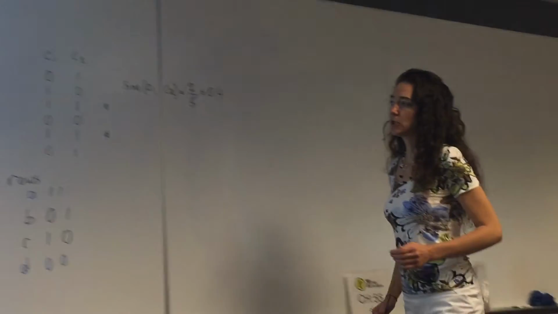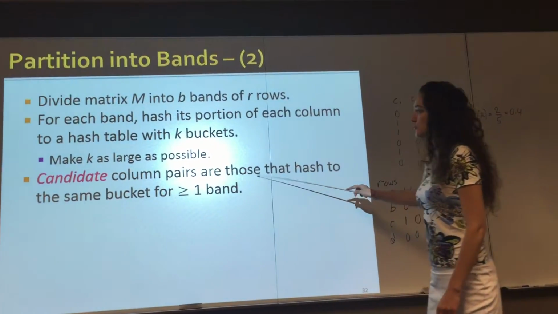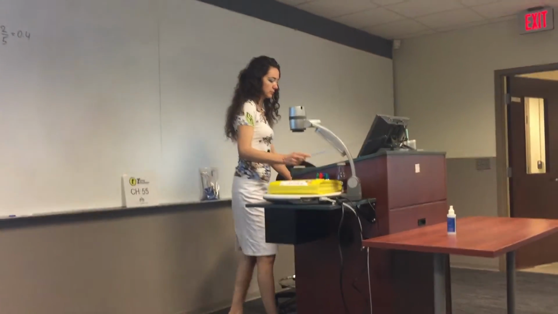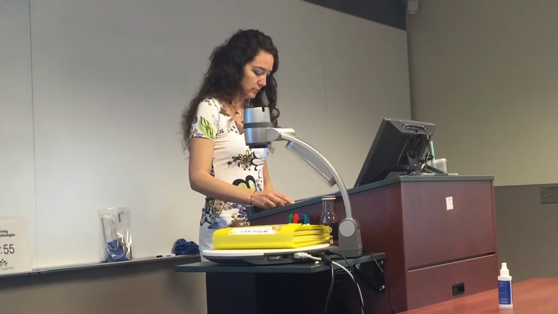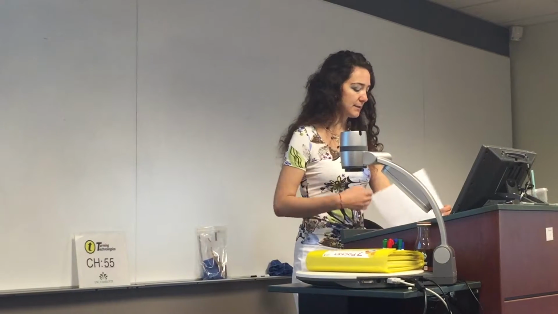If the hash comes the same to one or more bands, then those are considered similar. These parameters can be changed depending on the type of data that we're using, and if we're not getting very good results, we can adjust some of the thresholds or the number of bands that we use, or the number of buckets that we use.